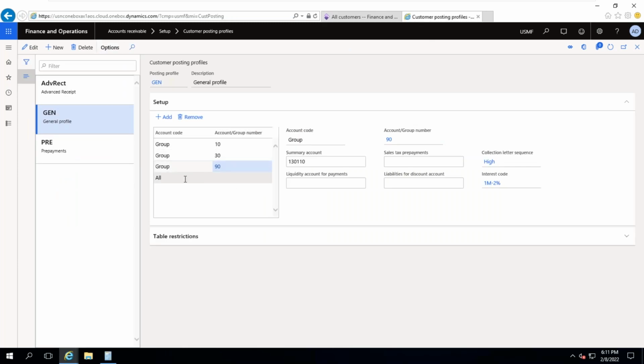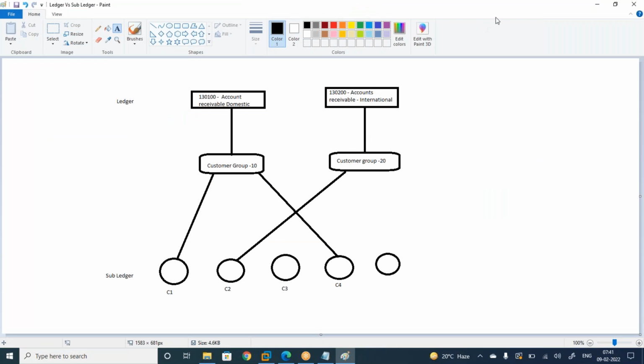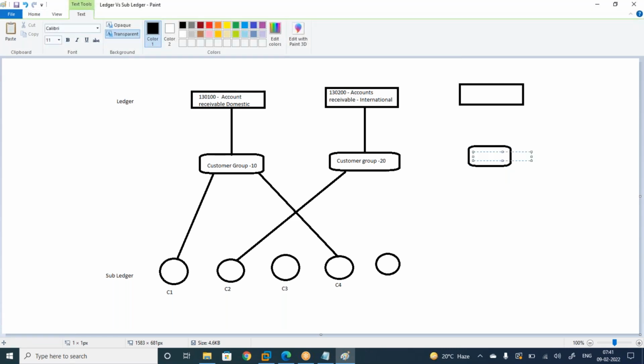If it is not mapped to anything, it will go for all. In the all, whatever it is mapped, that means here one more main account, and then customer group 80 is not tagged with this one.